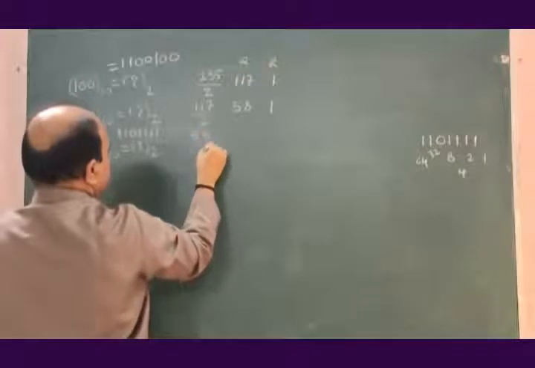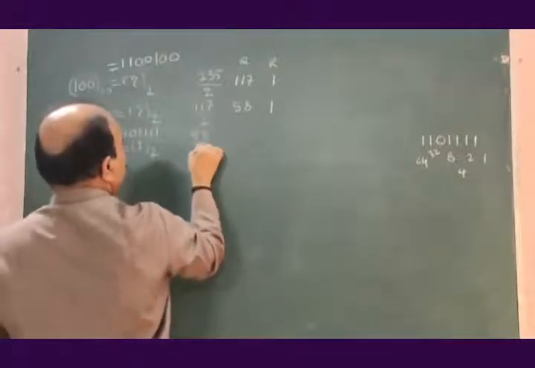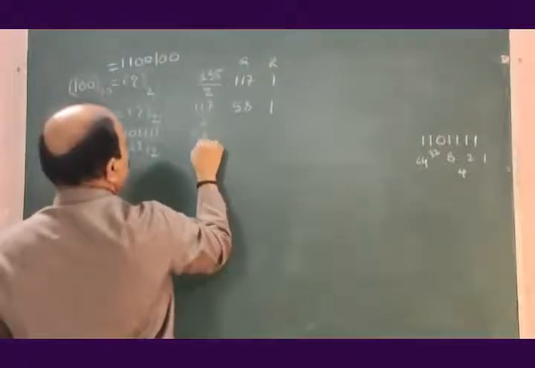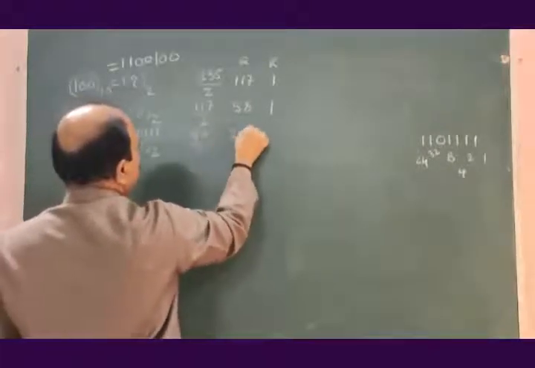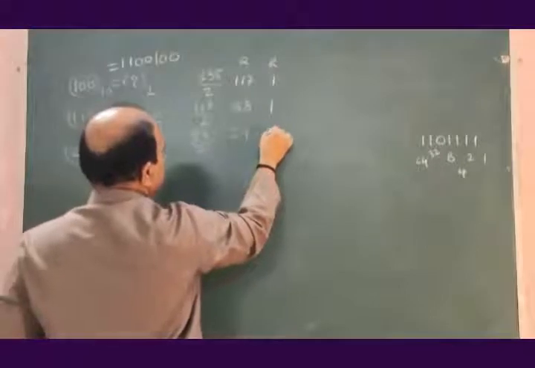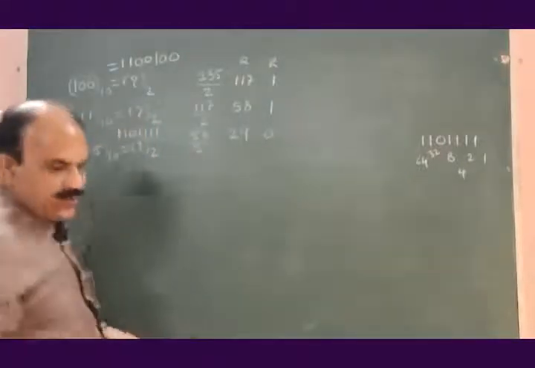58 divided by 2: 2 4s are 2 2s are 4, 1 left, 2 9s are 18, remainder 0.